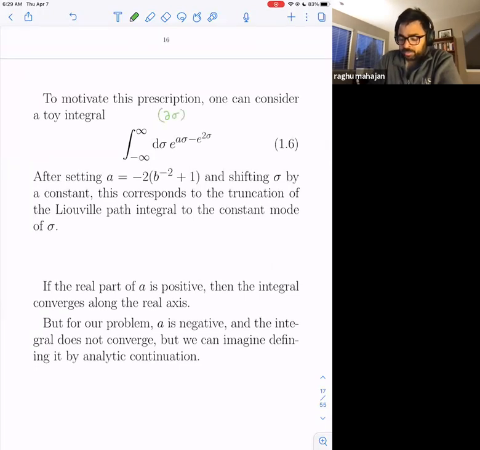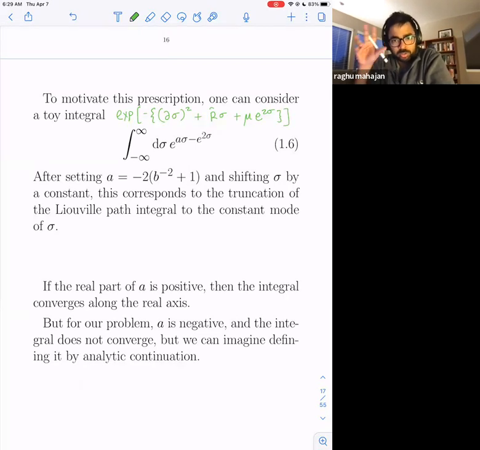The actual action is d sigma squared plus R hat sigma plus mu e to the 2 sigma, and it's the exponential of minus that. We drop the d sigma squared because we focus on the zero mode, the constant mode. So you see that we have an integral of this form where little a is negative.